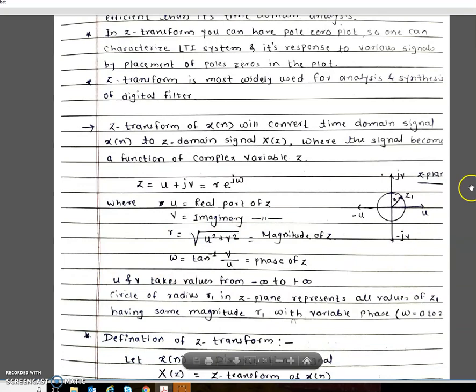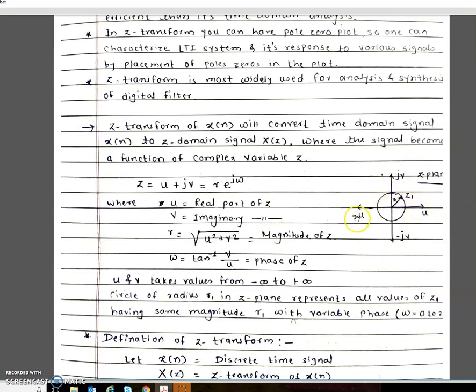What does this circle represent? The circle of radius r1 in the z plane represents all the values of z having the same magnitude r1 with variable phase. That is, omega is the phase which varies from 0 to 2 pi, and r1 is the magnitude.